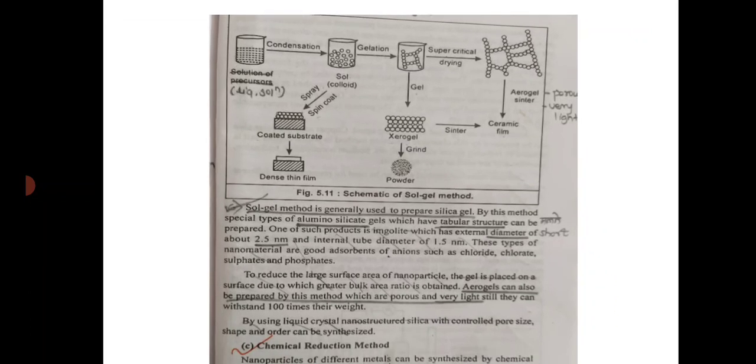Solution of precursor, condensation, solid colloid, gelation, then suspension, critical drying, aerogel, ceramic film, gel, xerogel, grind, forms powder and solid, spin coated substrate, then thin film. Schematic presentation of the sol gel method.